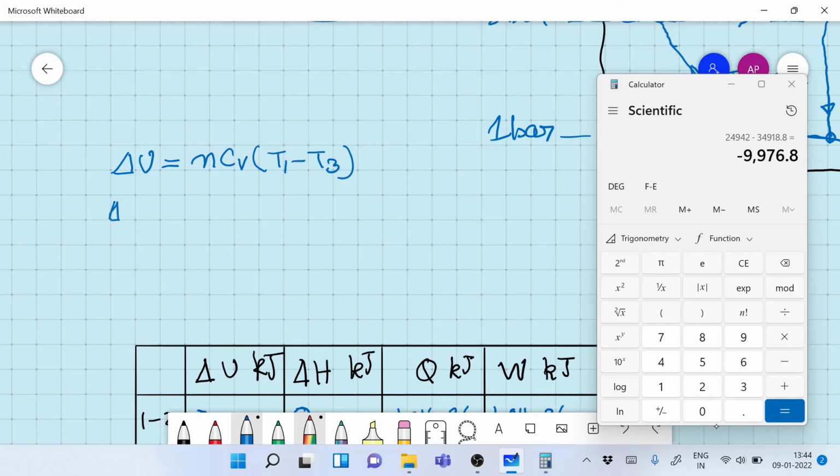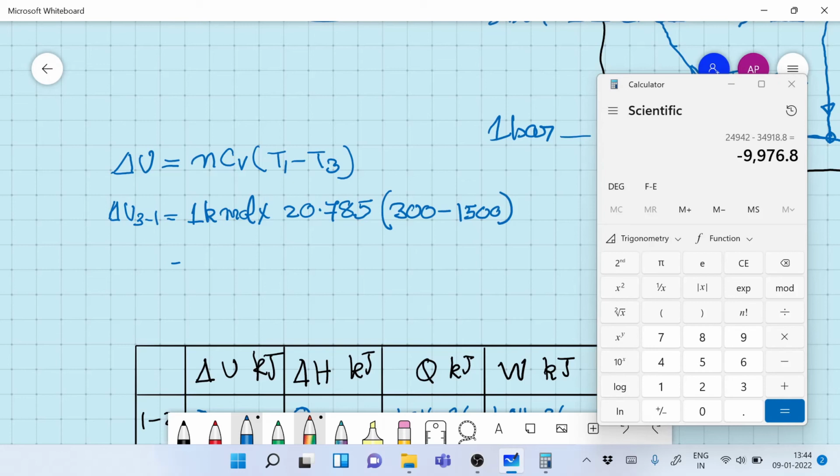So delta U is equal to N, which is 1 kilomole, into Cv, which is 20.785, into 300 minus 1500.